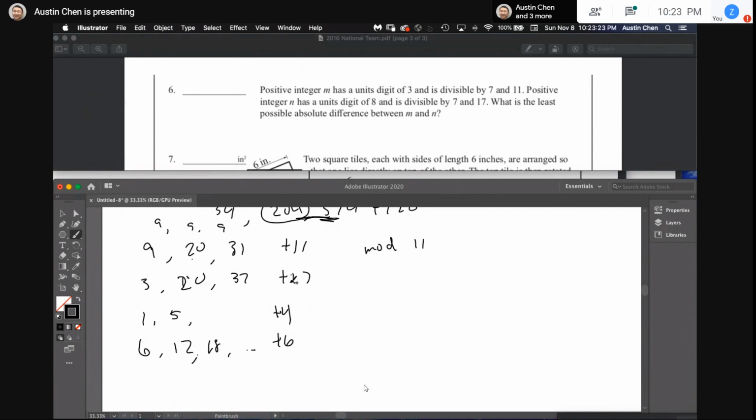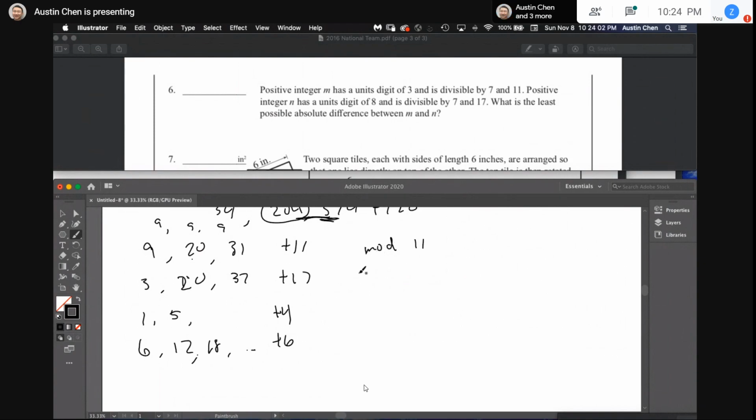Now, there's probably a specific theorem for this. I don't know its name though, but if you have this sequence increasing by 17, then taking the mod of another number which is relatively prime to this number, all the numbers in the sequence will go through all of the possible mod 11 numbers, and it will do so in a sequence of period 11.